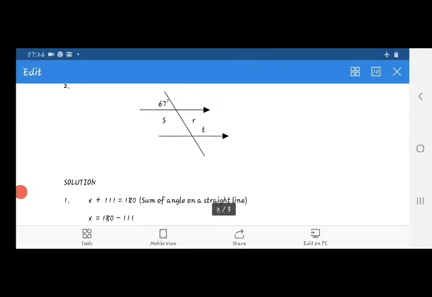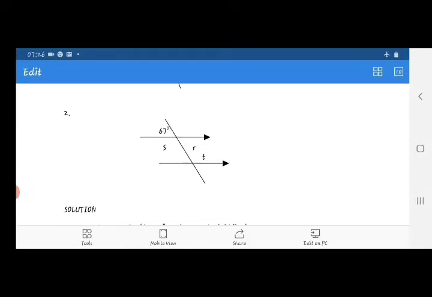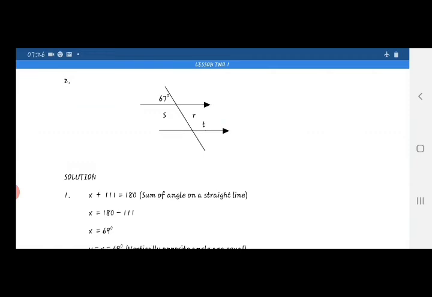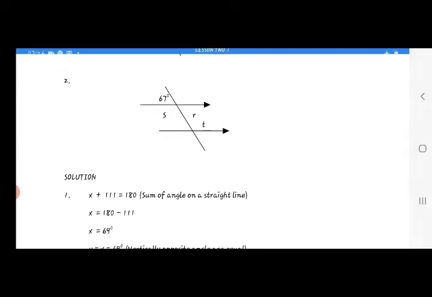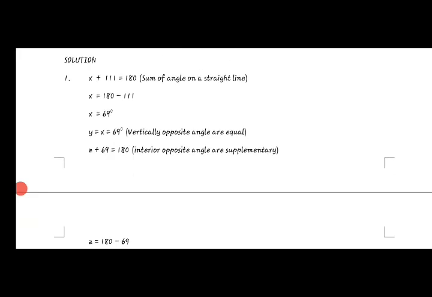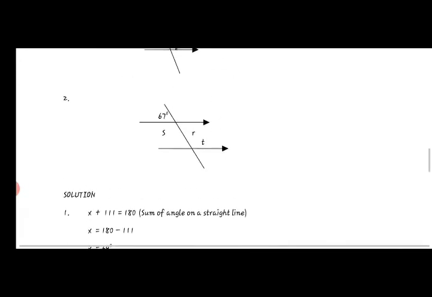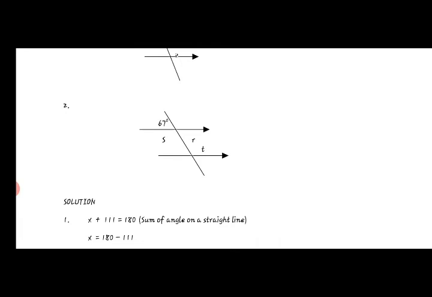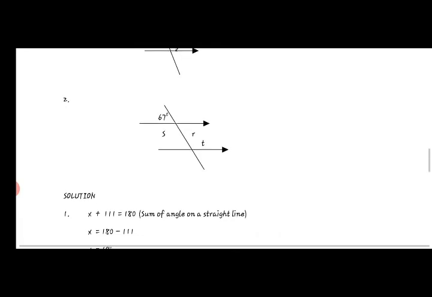Example 2. An angle is given up here, 67 degrees. We have 3 angles there to get: R, S, and T. The first one is R. R is 67 degrees, vertically opposite. You can see that R and 67 are vertically opposite.